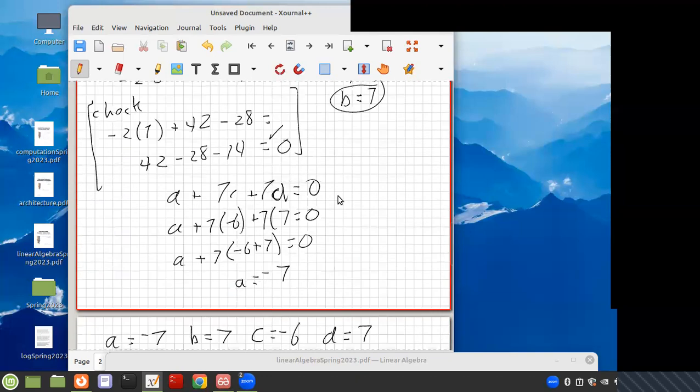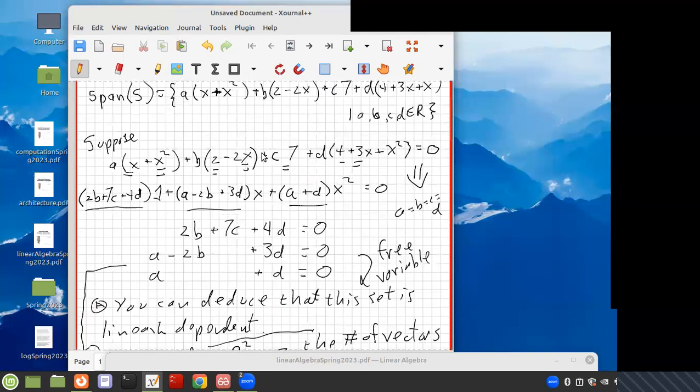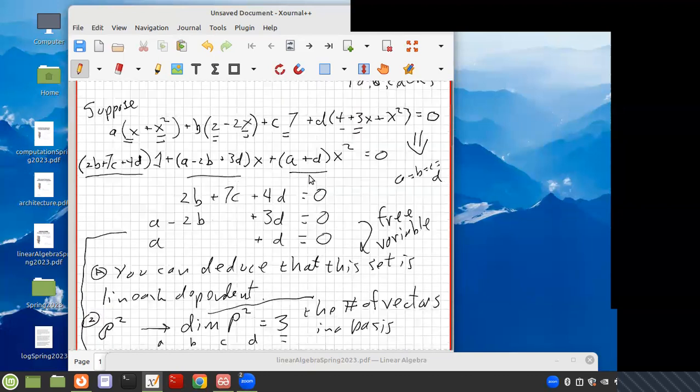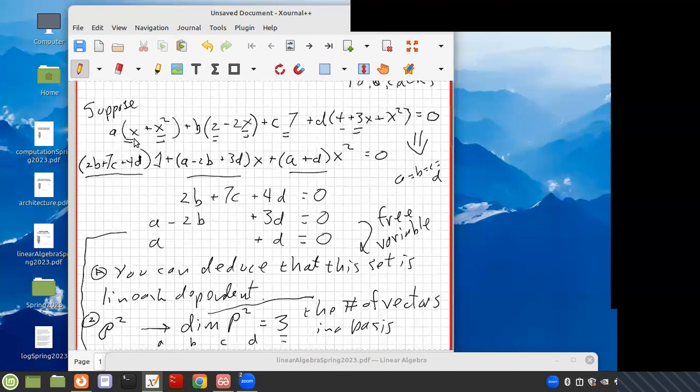So the claim is that if I put those numbers in here, this thing will equal 0. Well, let me do that, right? Let me put that in. So I'll have to split back and forth because I don't remember. If you remember these 4 things, then maybe that'll help.